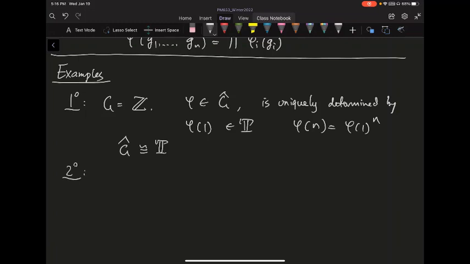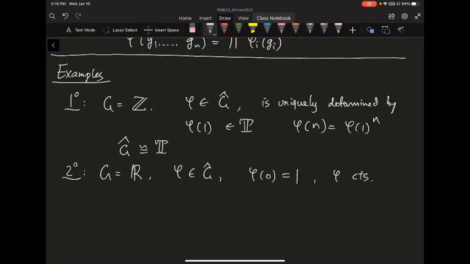All right, the second example is that suppose I give you G equal to the reals. If you think about what happens when you have a phi inside the G hat, phi of 0, because it's a homomorphism, has to map the identity to the identity. So phi of 0 has to be equal to 1. And also phi is continuous.